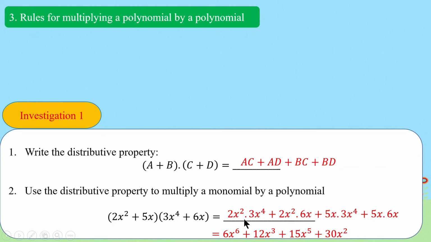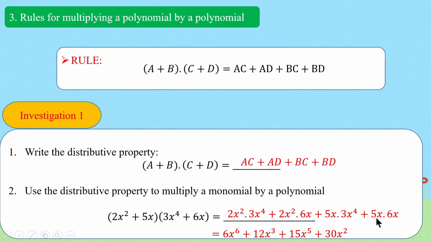X squared times x to the fourth is x to the power of 6. And now, you can definitely do the same with the other terms. Here is a general rule. In order to multiply a polynomial by a polynomial, you just take each term of the first polynomial and multiply by each term of the second.